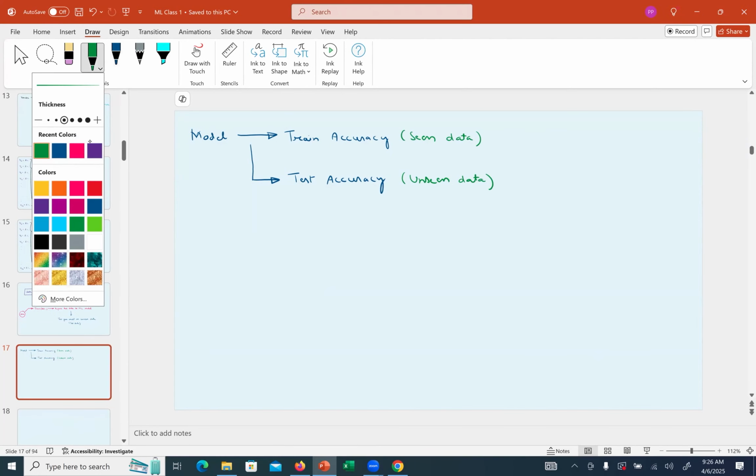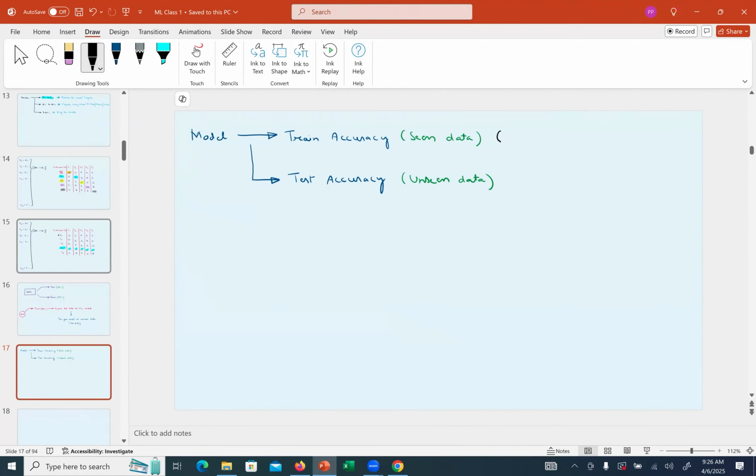Or you can also take it as, this is how I try to remember it, that this is more like a class test, right? In a class, a teacher is training the student, okay? He will be taking, let's say, a lot of examples in the class. And then from those examples only, he will be asking you questions to check whether you have understood correctly or not.